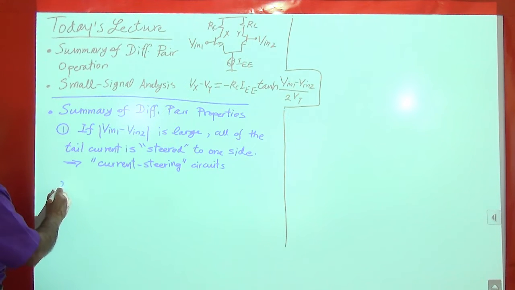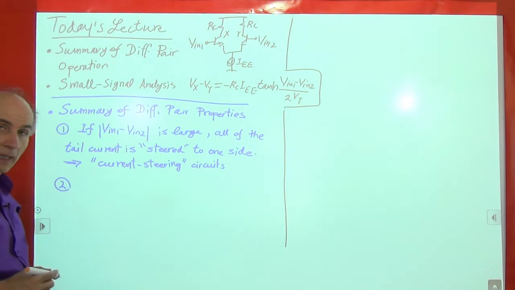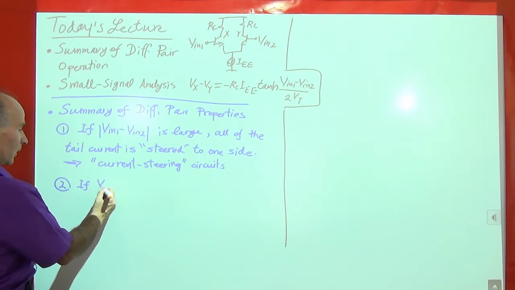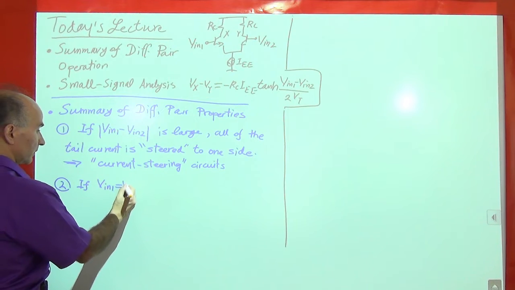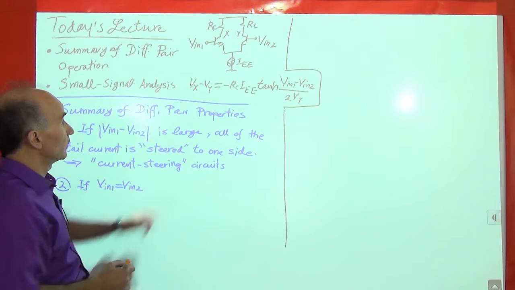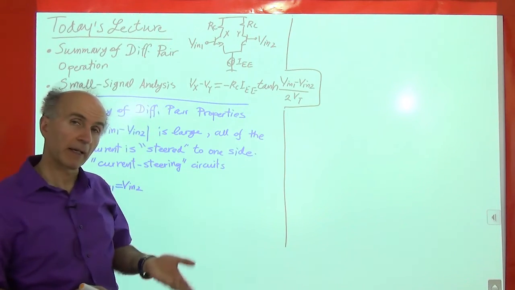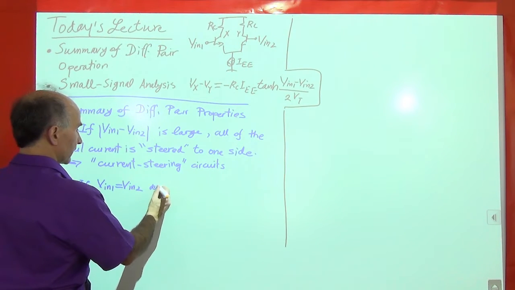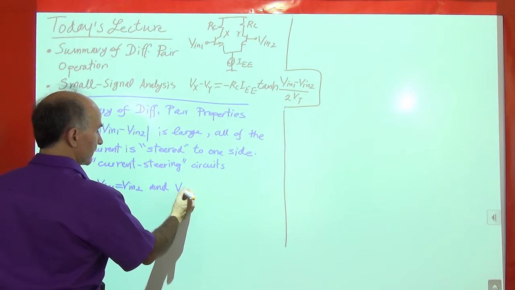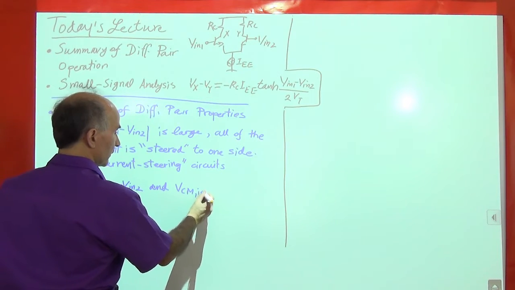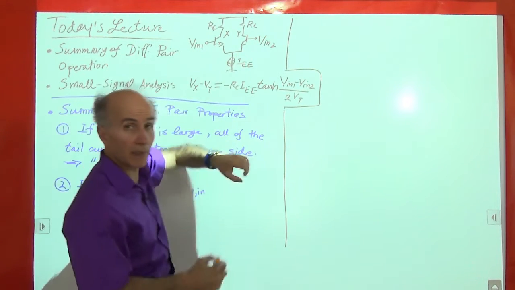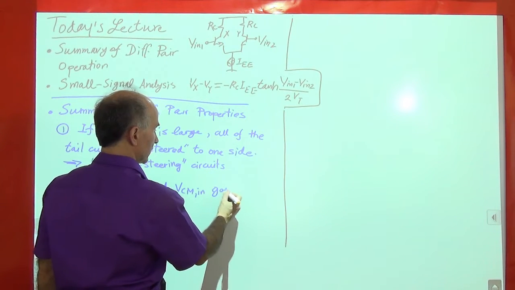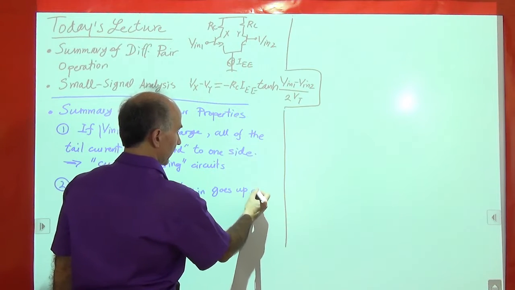Okay, the next observation that we made was, if V in 1 is equal to V in 2, so we short these together, and now we allow the common mode level, VCM in, meaning just the DC level of these two, to go up and down.